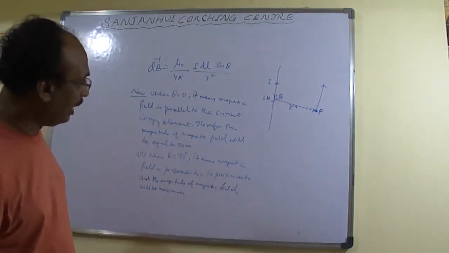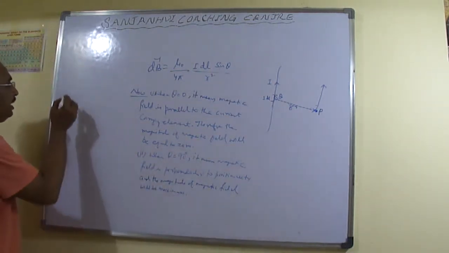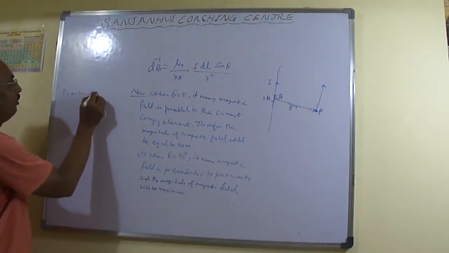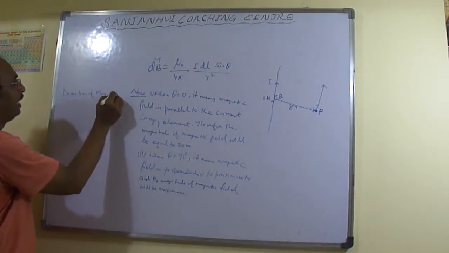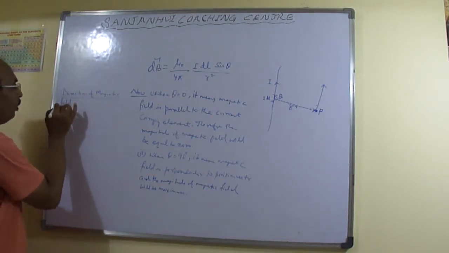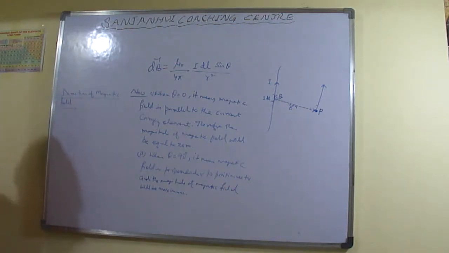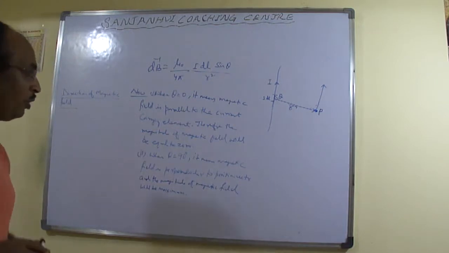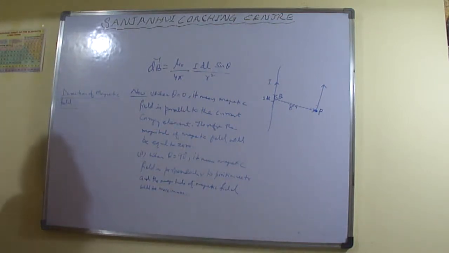Okay. Now we will be discussing about direction of magnetic field. Very important part, because everywhere you need to say about direction. Whenever you are calculating magnetic field, you have to speak about its direction first.